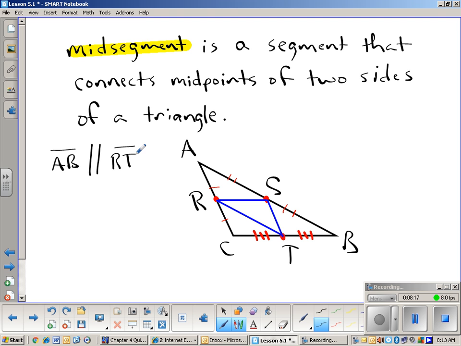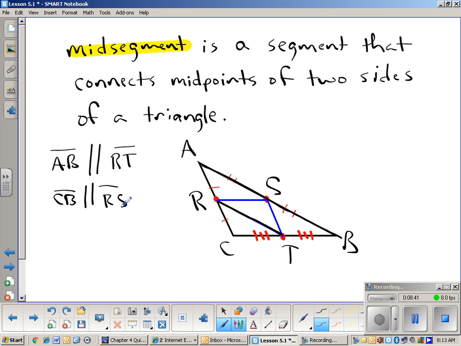Remember, the mid-segment is parallel to the third side. So RT, this mid-segment, is parallel to this third side. So what other two segments are parallel? CB and Brandon? RS. I'm sorry, Brandon. CB and RS. Segment CB is parallel to segment RS.